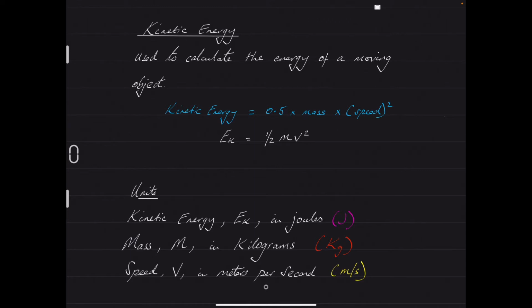So you can have EK equals half mv squared, where m equals the mass and v equals the velocity. And the units of kinetic energy, EK is in joules, mass is kilograms, and speed is meters per second.